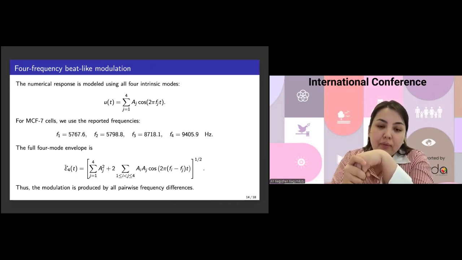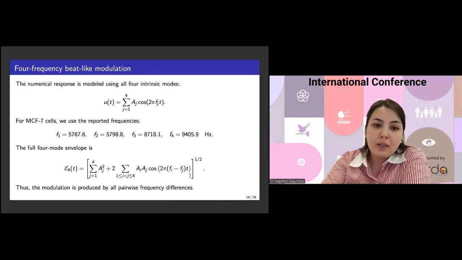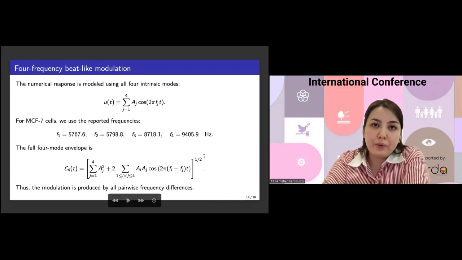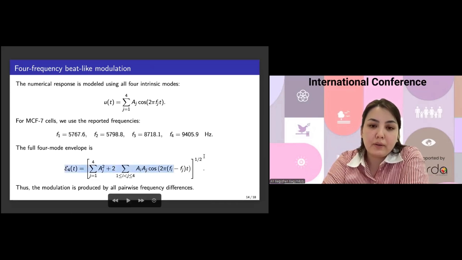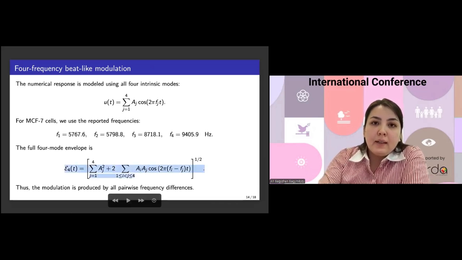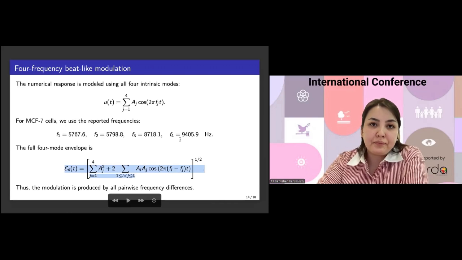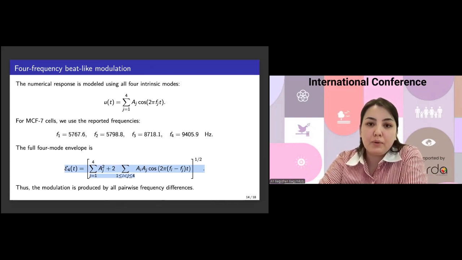That amplitude modulation we call beat-like behavior. Here we see the full 4 frequency envelope looks like this, and let me move to the next slide.